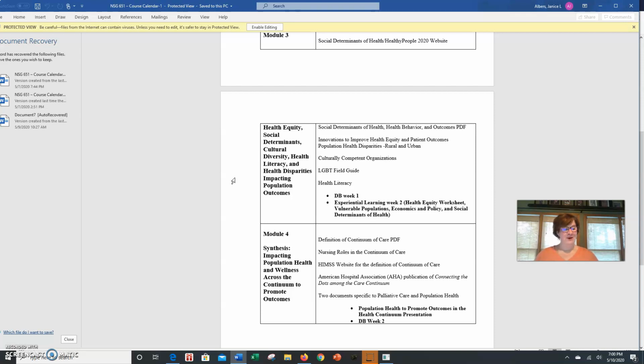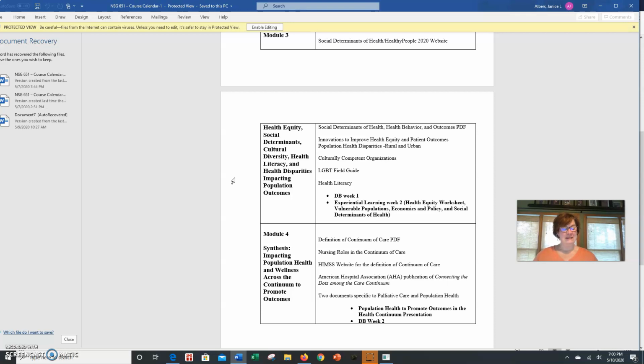And then from there, we are going to dive into how we're going to impact population health across that continuum of life, across that continuum of healthcare, whatever area of focus you happen to be.